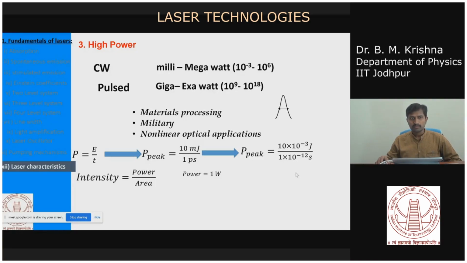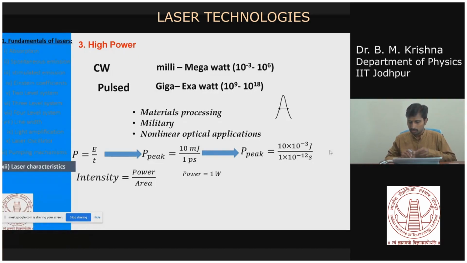Joule per second is nothing but a watt. Your power can be calculated in watts, so energy will be in joules. So now you will get peak powers of the order of 10 power 7 watt.